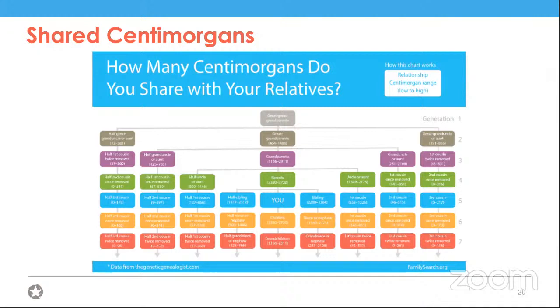You lose a lot of the ways to track it down the further back you go. As you can see here, we have generation 1, 2, 3, 4, 5, 6, 7, and by the 7th generation, you're going between 0 and 96 centimorgans, which is not a whole lot. So if you're going further back than that, you're going to show a lot fewer connections, unless you have a stronger connection up in an early generation.